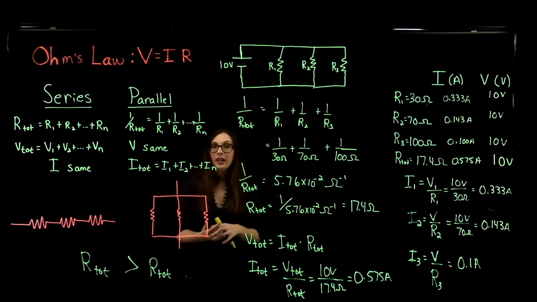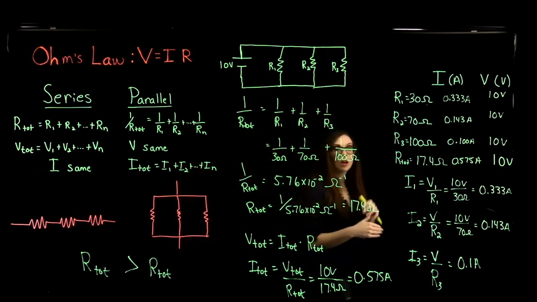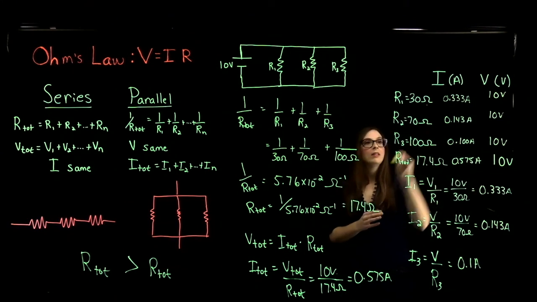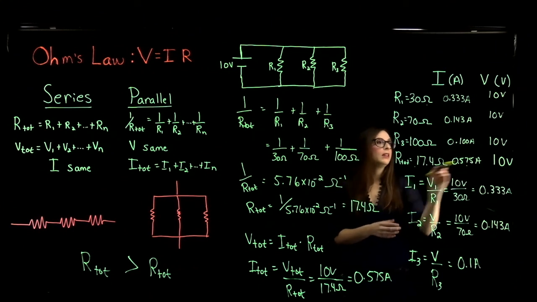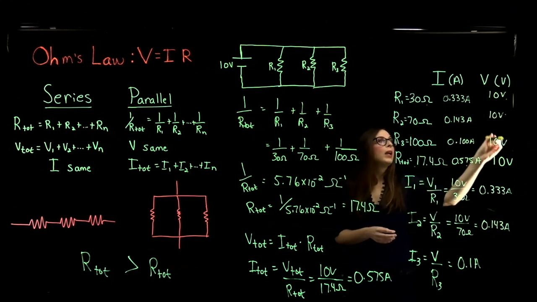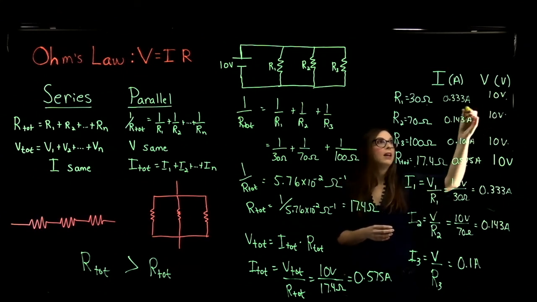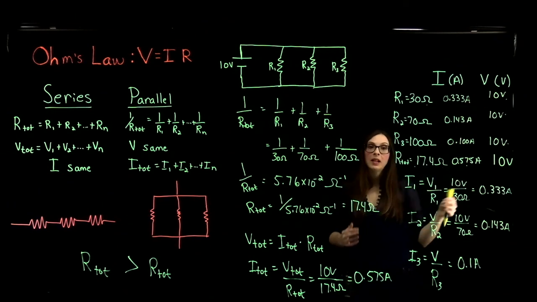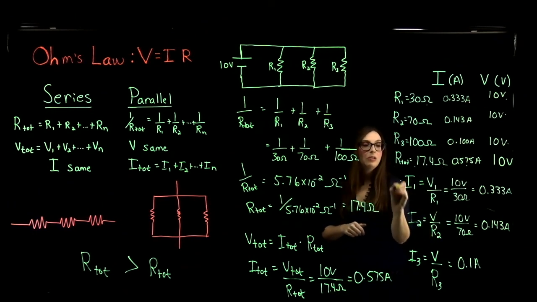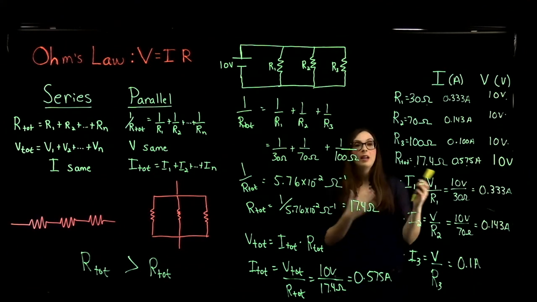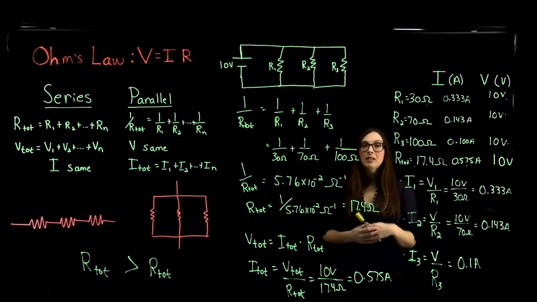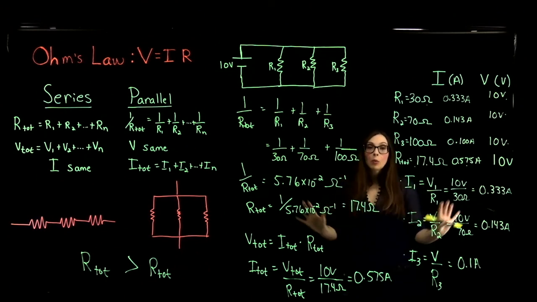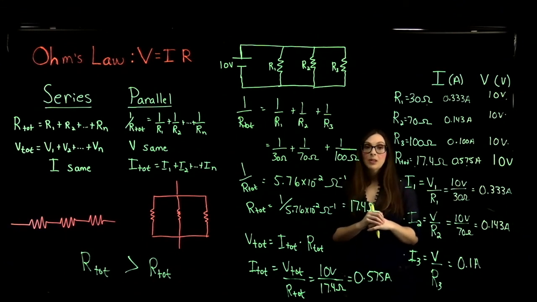But if I ask you to find the current or potential across any one of those individual resistors, you might want to think about drawing out a table like this, finding the total resistance, finding the total current, thinking about, are we in parallel or are we in series, to decide, do I have the same current through all of my resistors, or do I have the same potential across all of my resistors? And then you can use Ohm's law to come back through and get either the potential or the current across any of those individual resistors. So that's the process for how we're going to work through some of these Ohm's law problems.